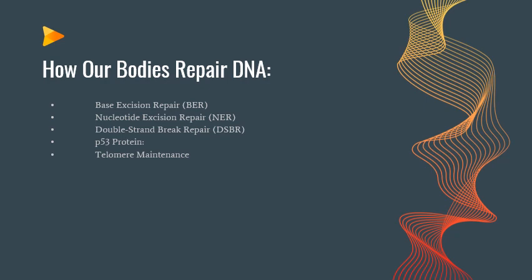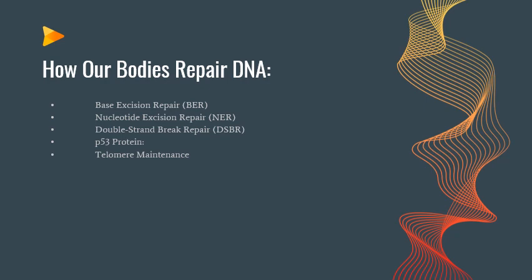We have our p53 protein. It acts as, let's say, a guardian of the genome. It monitors the DNA integrity and triggers repair or cell death if the DNA is too damaged. Lastly, we have our telomere maintenance.